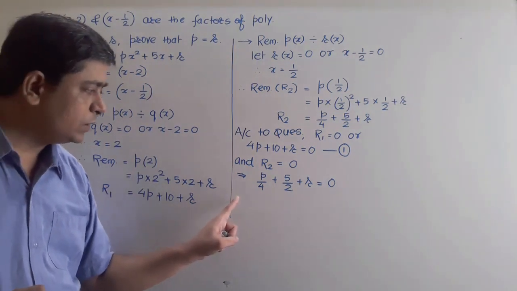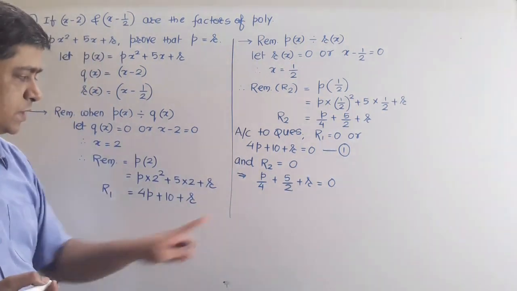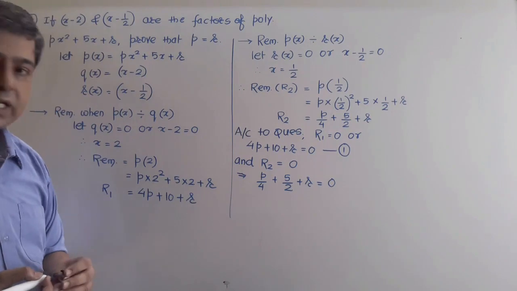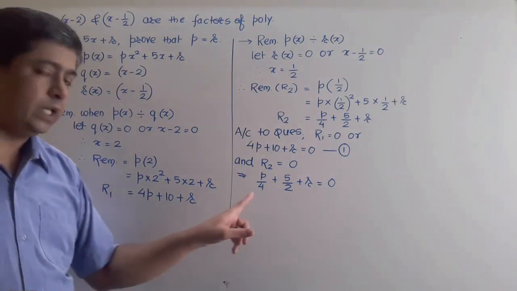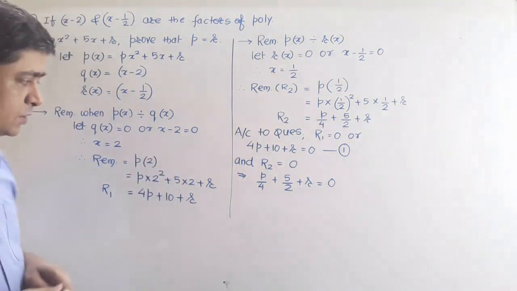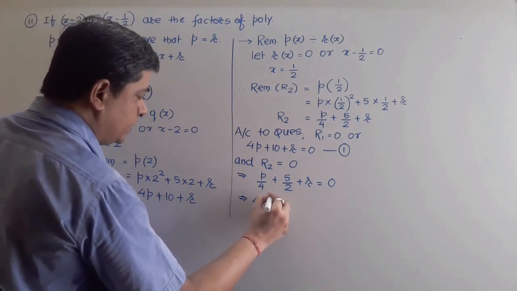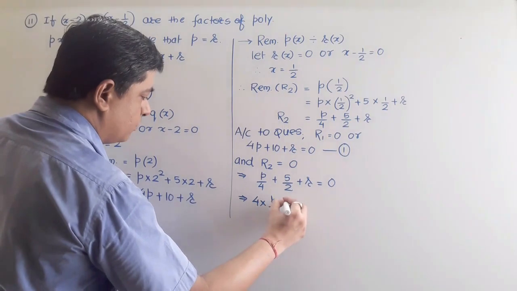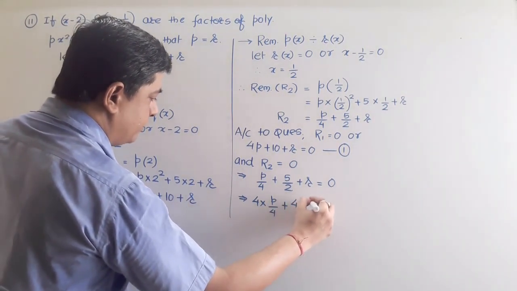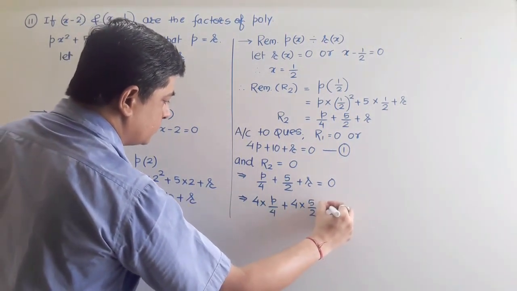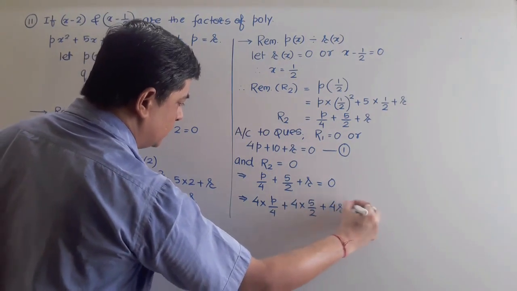We shall multiply the whole equation by 4, because you observe 4 and 2, the biggest term is 4. So if I multiply by 4, what I will get here? 4 into p by 4 plus 4 into 5 by 2 plus 4r will be equal to 0.